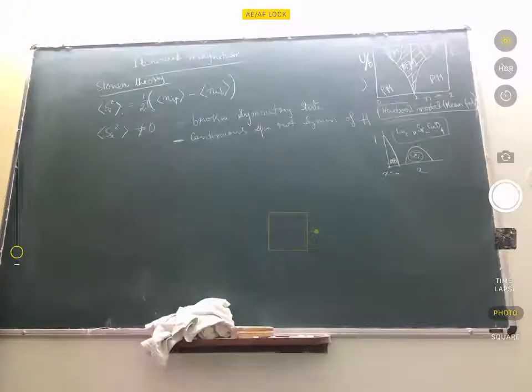What is broken is the time reversal symmetry, whenever you have Sz, or any component of S, not equal to 0. So what happens under time reversal? How does S change under time reversal?